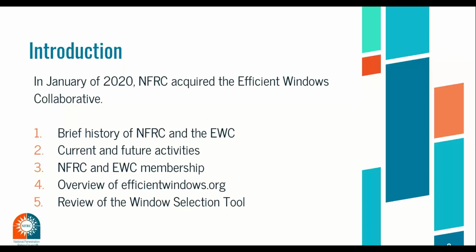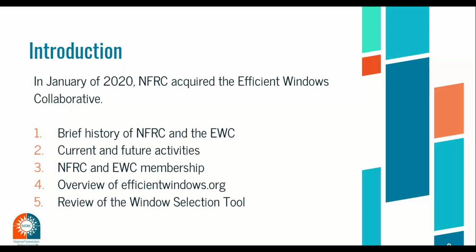Before getting into the window selection tool, I just want to give you a little bit of history and talk about what we've been working on. We'll go over a brief history of the NFRC and the EWC and why this all makes sense, what we are currently doing, what our future activities are going to be for the EWC, and what the membership structure looks like.